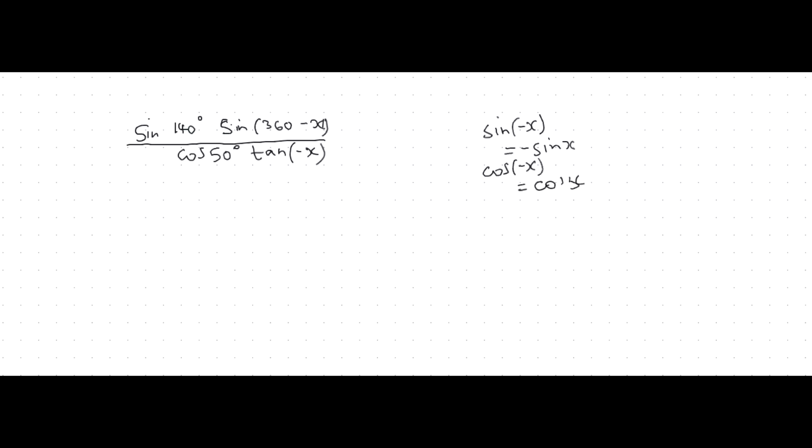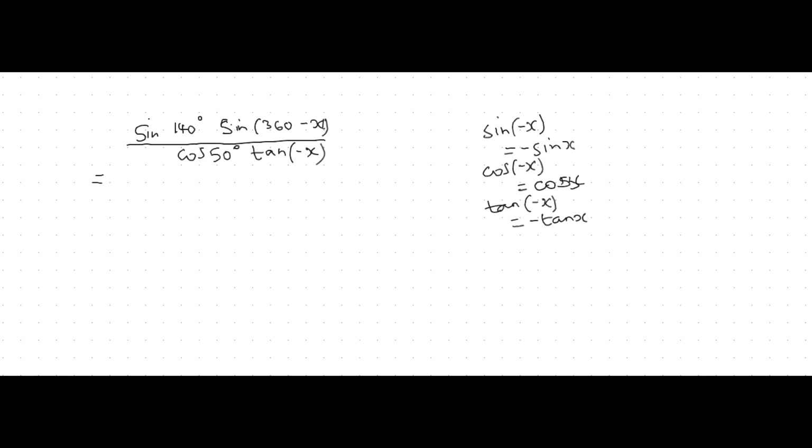Then when you have tan of negative x, it becomes negative tan x. The only thing that remains positive is the cos one. So that is very important to note. So now let's go ahead and simplify. So we find ourselves having 140.